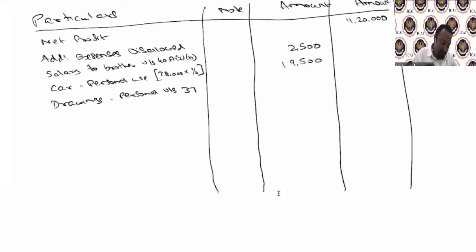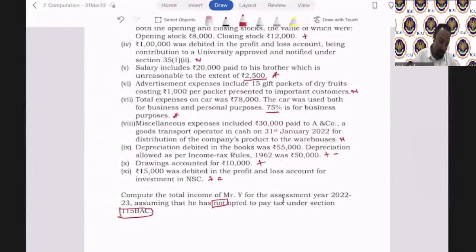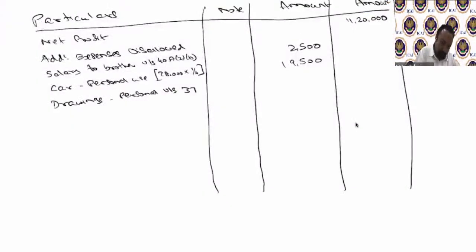You can write a note also: any personal expenditure is not an allowed business expenditure under section 37. So both this car personal use and drawings come under section 37 because it is for personal use. So how much are the drawings? It is 10,000, right? So you take this 10,000.